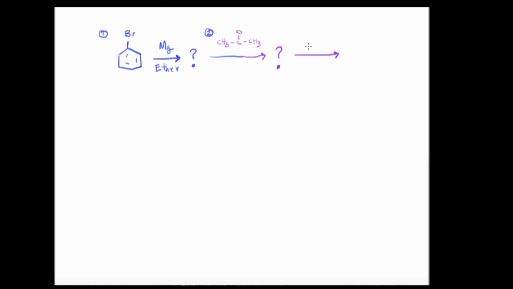And then we had the last step, and yet another question mark. All right, and we're going to call this intermediate A, this intermediate B, and this intermediate C.